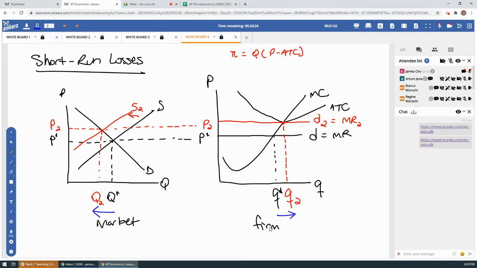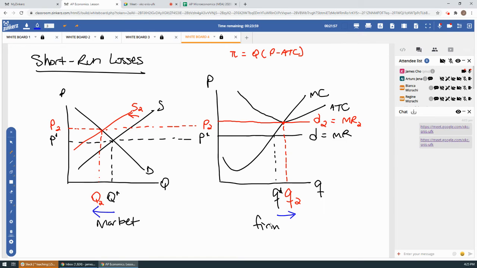All right. So what you're seeing here is if there are profits in the short run, firms will keep on coming in and they'll drive those profits to be smaller and smaller, and they'll keep on coming in until there's no more profit. When there's no more profit, there's no more reason for any more companies to come in. On the flip side, if there are short run losses, some of the existing firms in the market will leave. They'll go do something else.